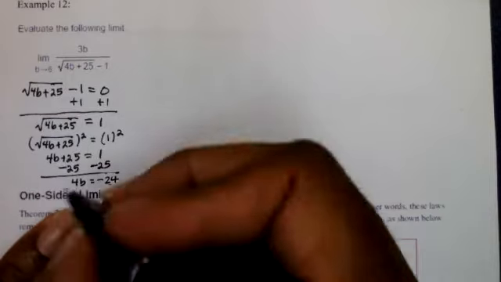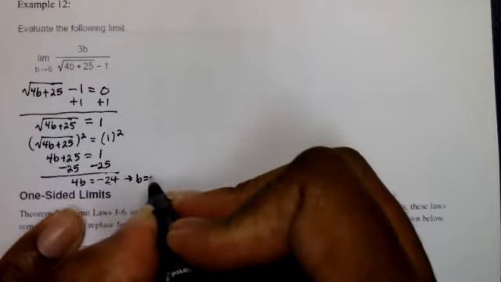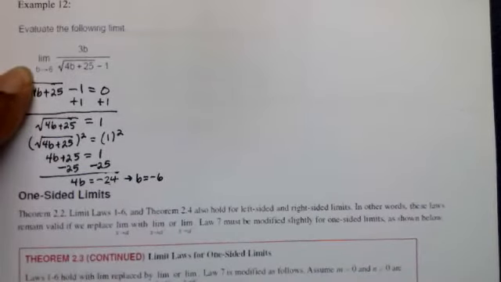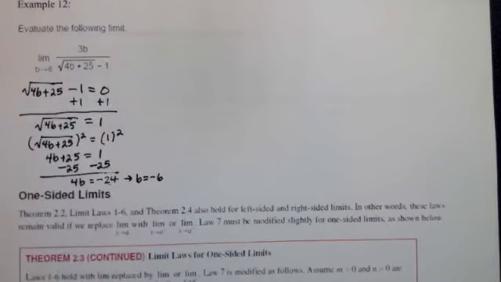So 4b will be equal to -24, and that will mean b will have to be equal to -6, which is different from what I'm taking the limit for as b approaches 6. So those two are different. So I can apply direct substitution to this problem.